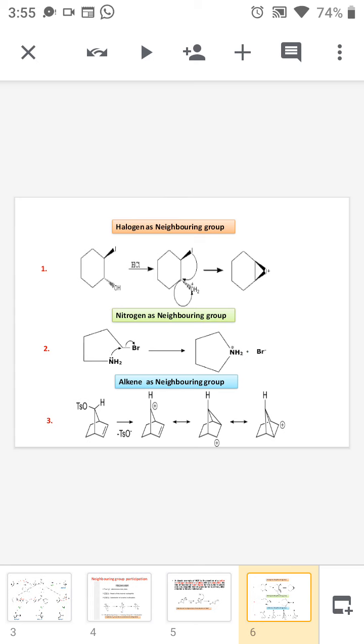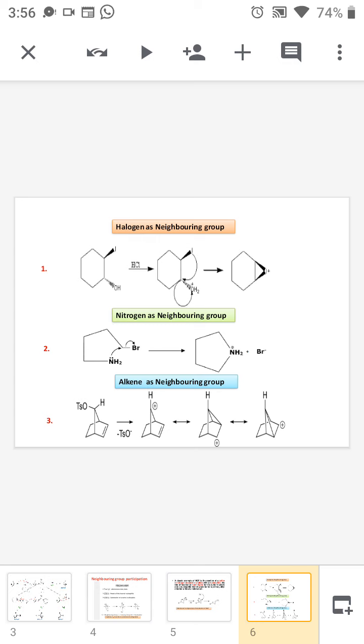And in the last example, an alkene acts as a neighboring group. Here OTs, the tosyl group, acts as a good leaving group, and the OTs is liberated, so the carbon becomes positively charged. In order to remove the deficiency of the carbon atom, the pi electrons will coordinate to the positively charged carbon atom, and thus we get a positive charge here.